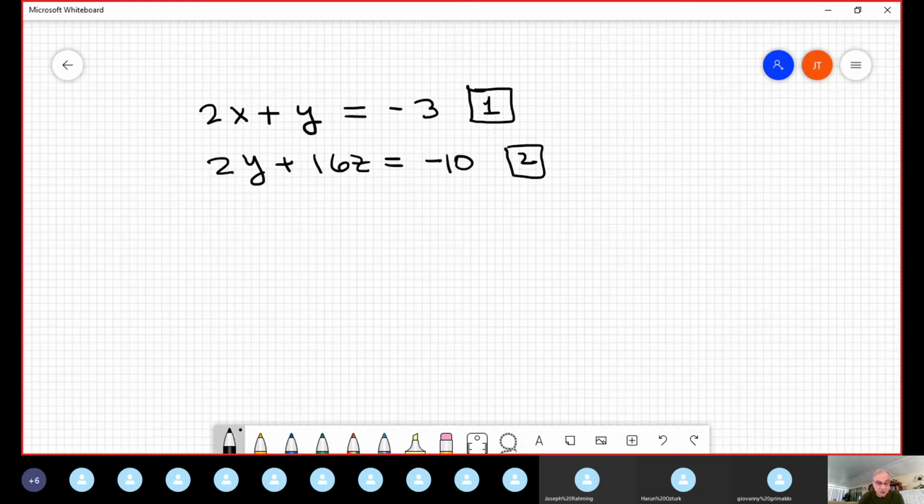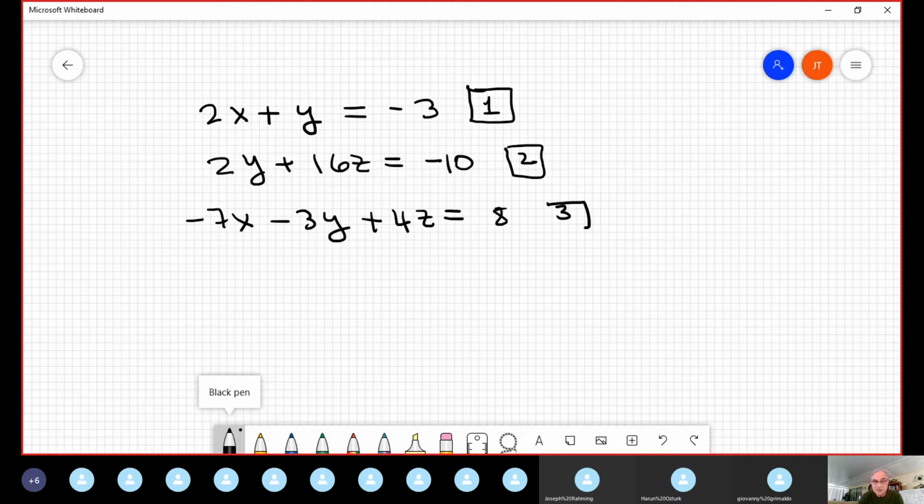And the last equation is -7x minus 3y plus 4z equals 8, equation 3. And this is my system. I enclose it using this color bracket to indicate that this belongs to the same mathematical object that I want to solve.